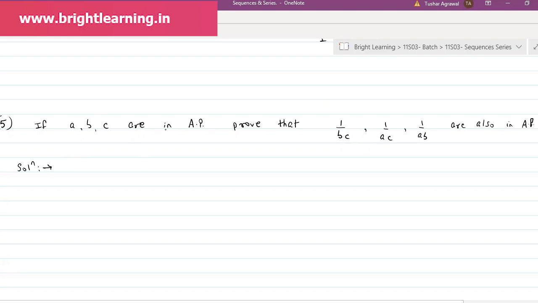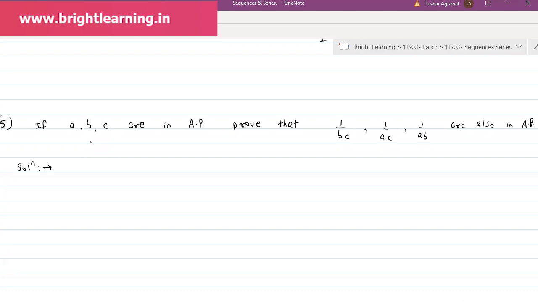Okay. So if A, B, C are in AP and we have to prove this. It's a simple step. I have already given you the hint: the further questions I'm giving now are based on the property that if you increase, decrease, multiply or divide the original terms by the same number, the new sequence is also an AP.